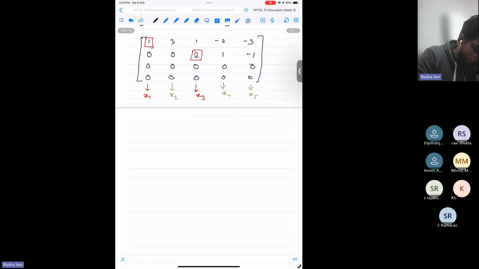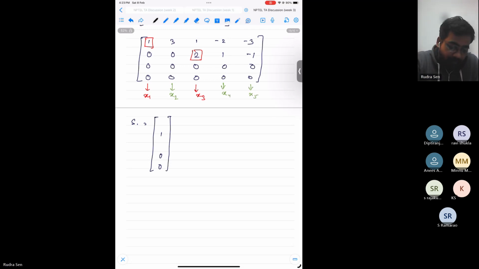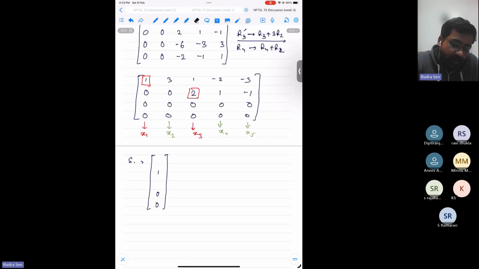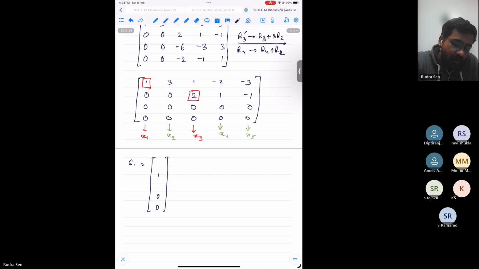So the first solution: if we choose 1, 0, 0, that means x2 is 1, x4 and x5 are 0. From the second equation, we can see that x4 and x5 are 0, so x3 has to be 0.